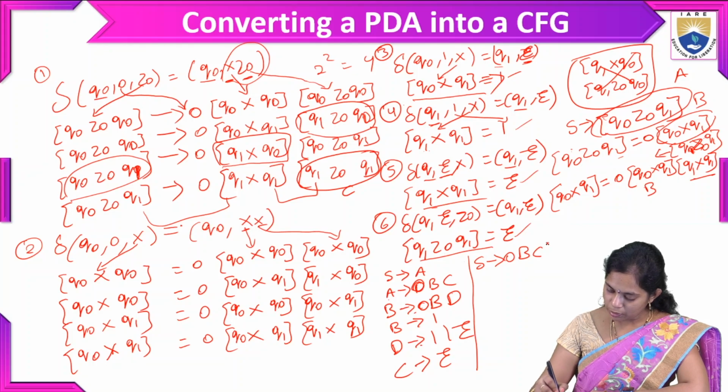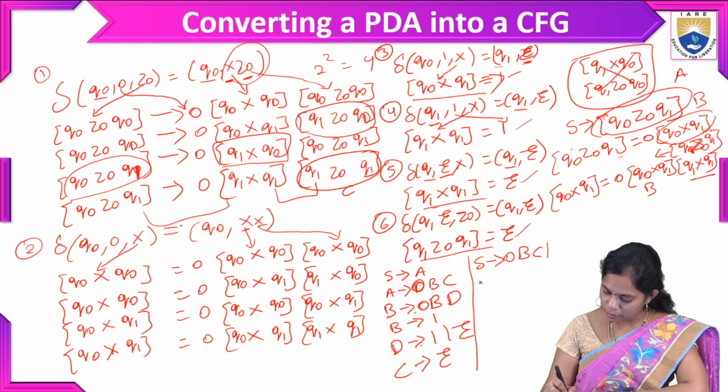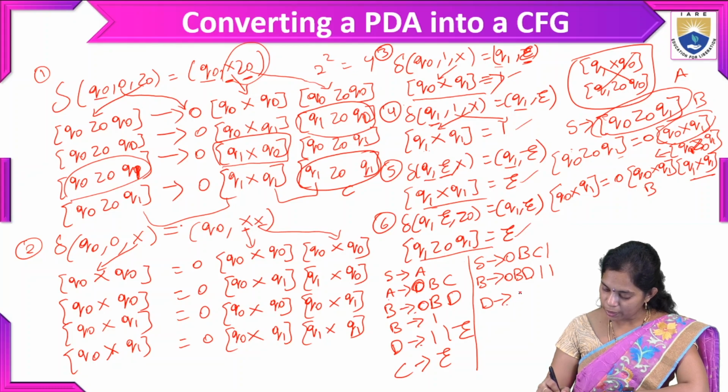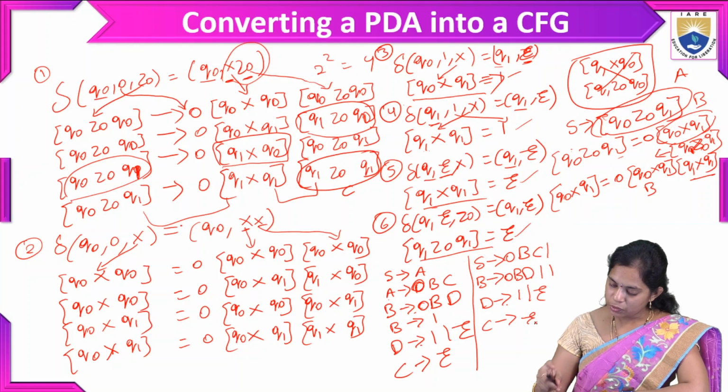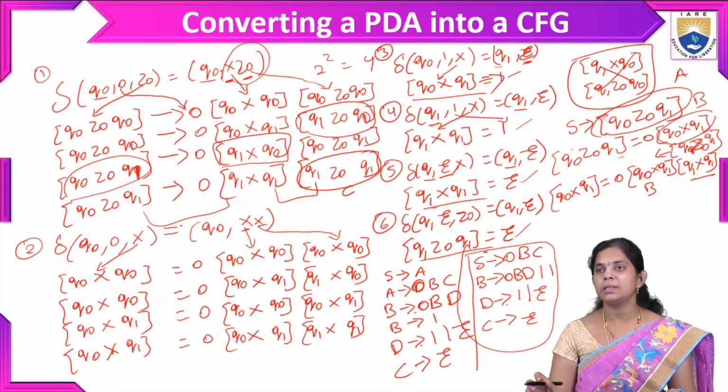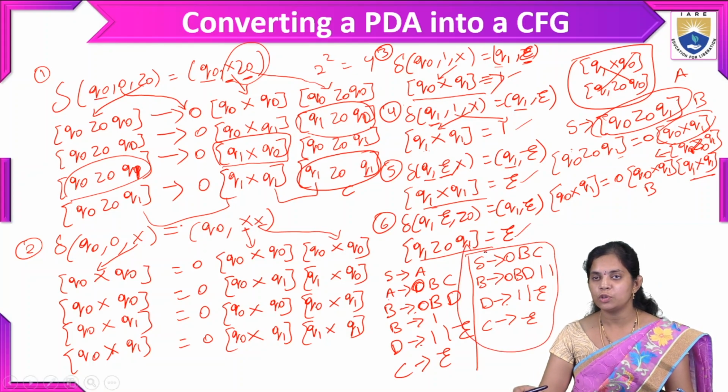So next, B tends to 0 B D, and also we have the value of 1, and here D tends to 1 and epsilon, and C tends to epsilon. So this is the grammar for the given pushdown automata. So this is the example.